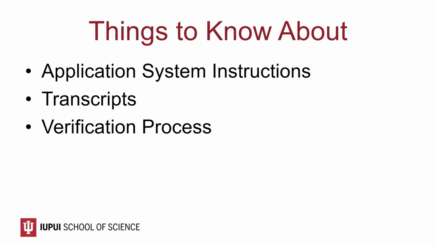So there are a couple of things that are important to know as we move forward in talking about the application itself. The first is the application system instructions. Now, I know that application manuals are not the most riveting piece of reading, but it is important to be familiar with what the application is asking for and the intricacies of that information prior to starting your application.